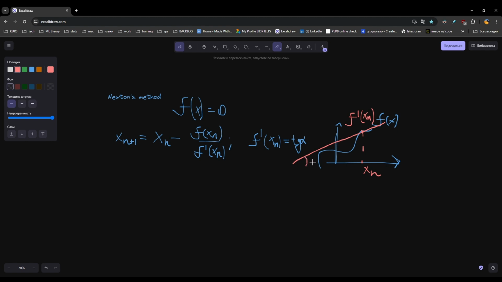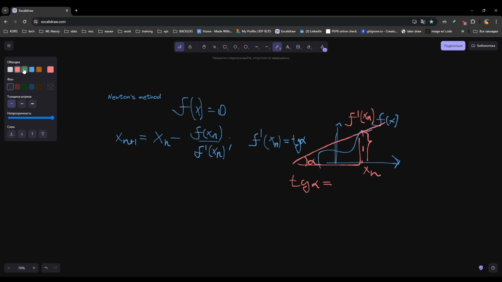And especially the value of this first order derivative in the point of x of n equals alpha, the tangent of alpha in particular. So recall also that the tangent of alpha equals the opposite side of this triangle divided by this side.